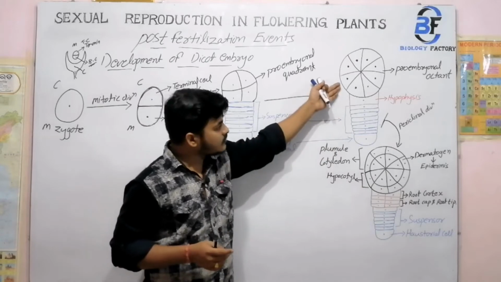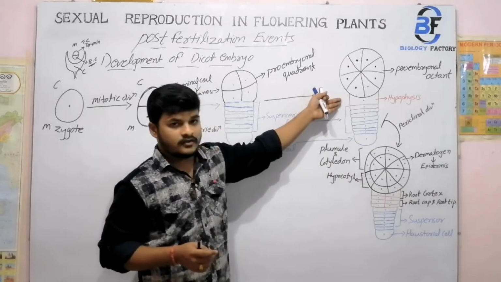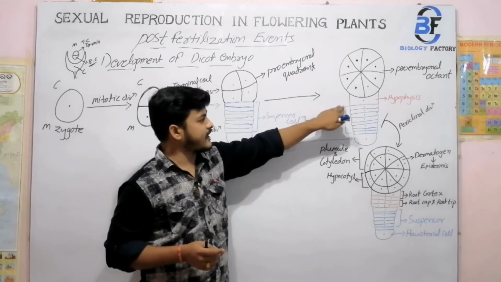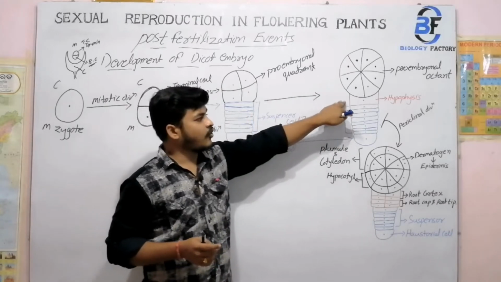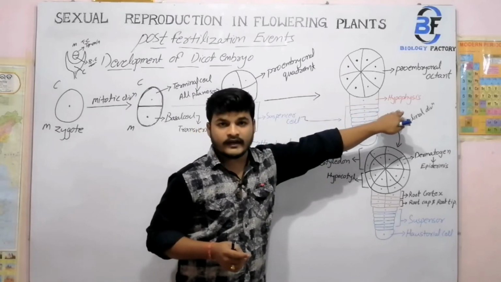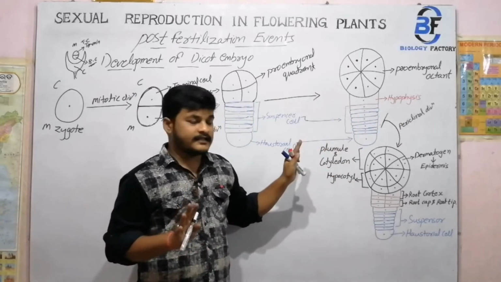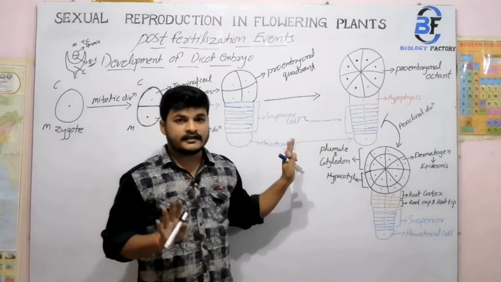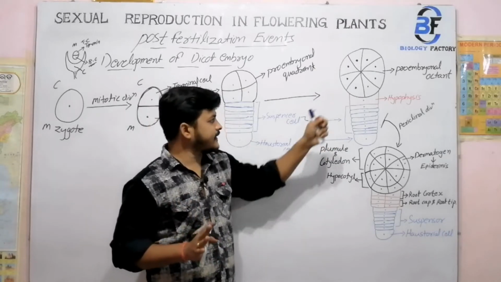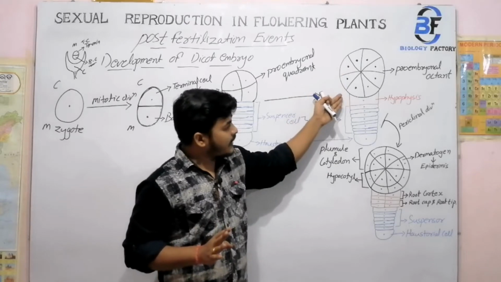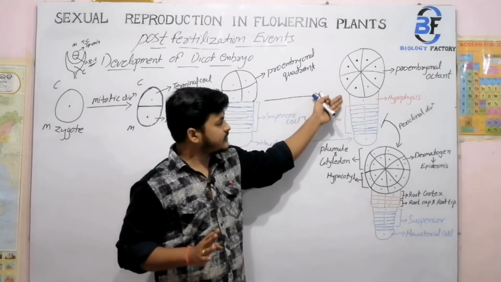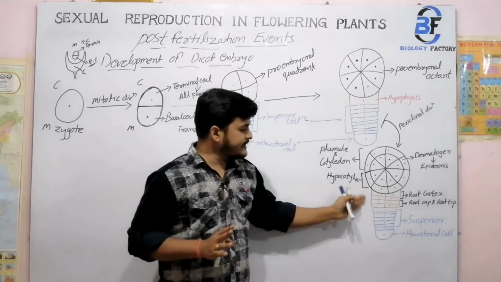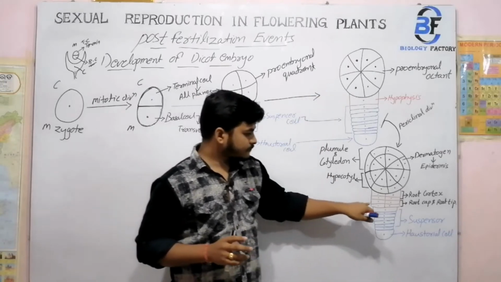Next, the cell which is attached to the proembryo, the first cell of the suspensor, changes to form the hypophysis, and the other parts remain as they are. The suspensor cells remain as they are. Next, the hypophysis, the cell attached to the lower part of the proembryo, again divides to form 8 cells.